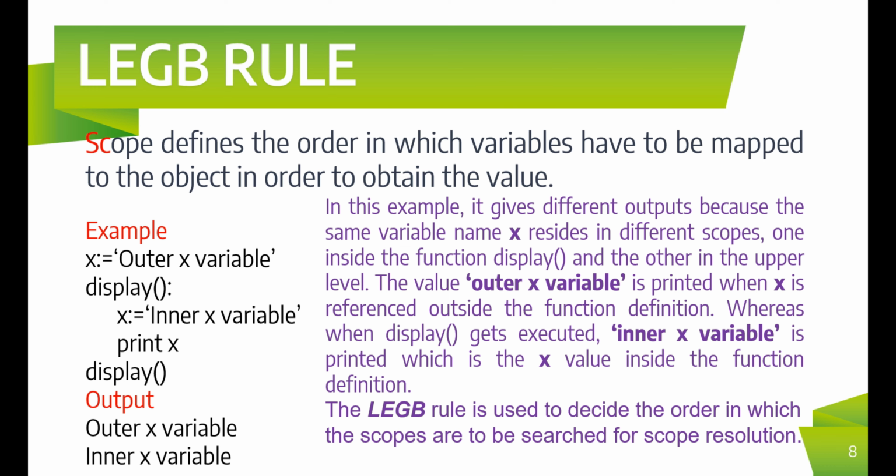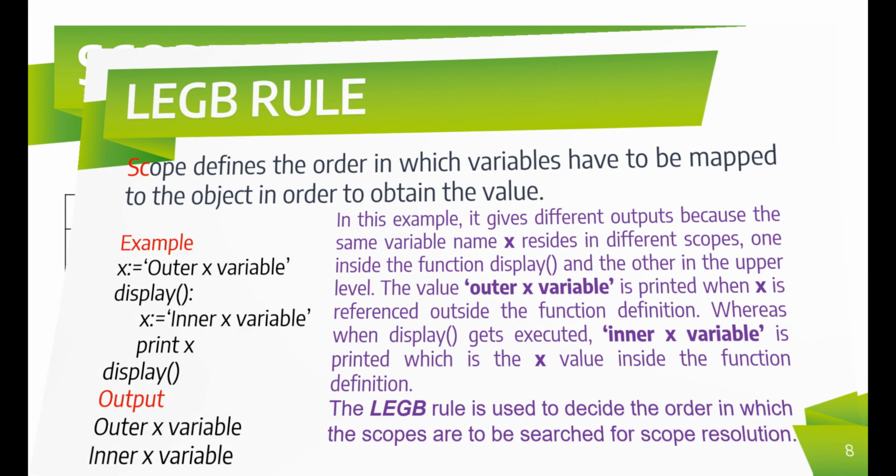The value outer x variable is printed when x is referenced outside the function definition, whereas when display gets executed, right, inner x variable is printed, which is the x value inside the function definition. That's why the LEGB rule is used to decide the order in which the scopes are to be searched for scope resolution, right?